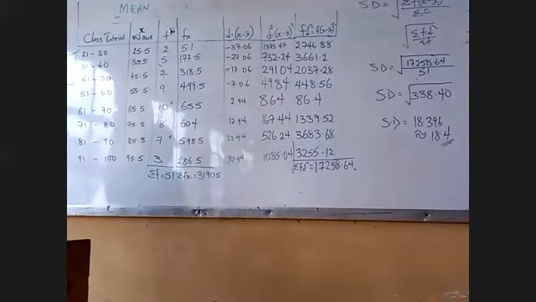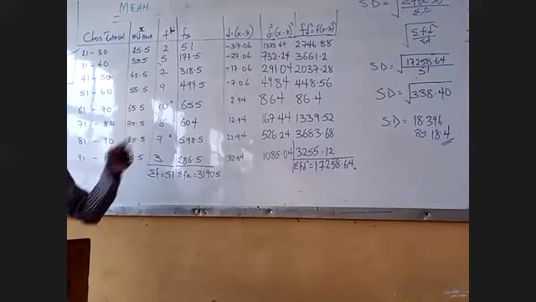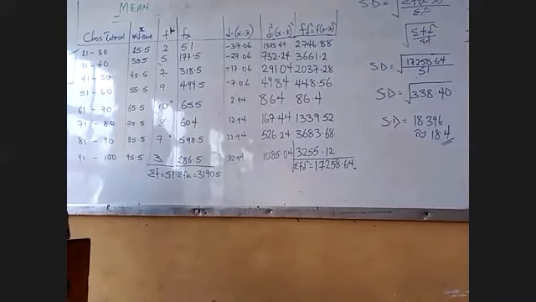Yes, that is power of 2. 18.4. The square of standard deviation is variance. Please, is this clear enough?